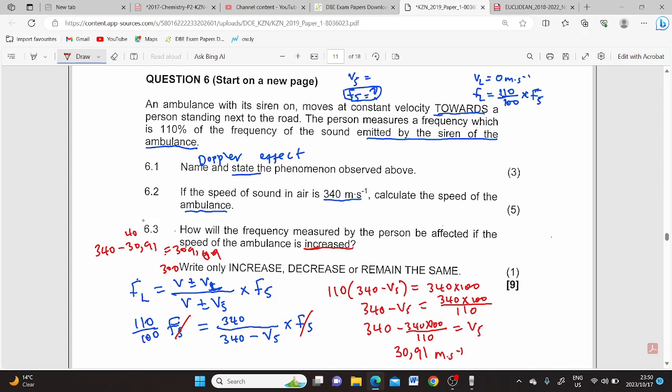They're asking how the frequency measured by the person is affected. Of course we'll hear an increase in frequency. From these numbers, as we divide by a smaller number, the frequency of the listener will be higher.